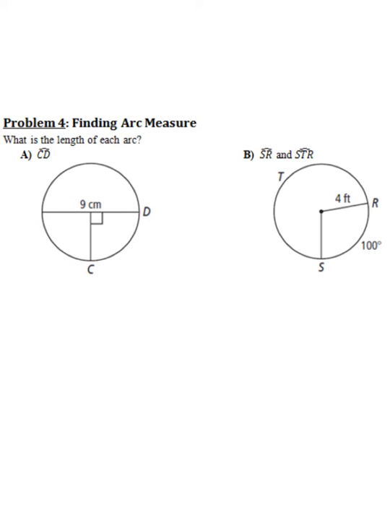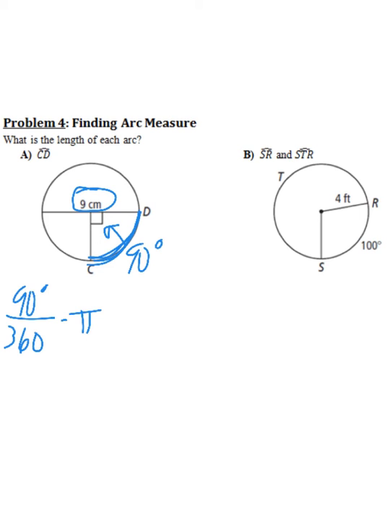So if I'm looking for the arc length CD here, I know the measure. I know that this is a 90 degree arc because the central angle was 90 degrees. I also know that the diameter is 9 centimeters. So to find the actual arc length, I would take the degree over 360 times pi times my diameter.